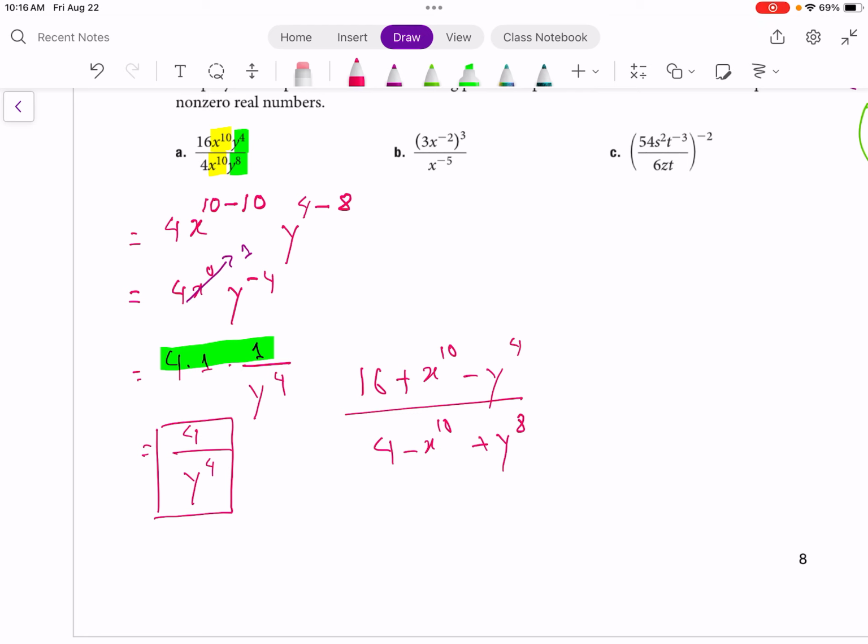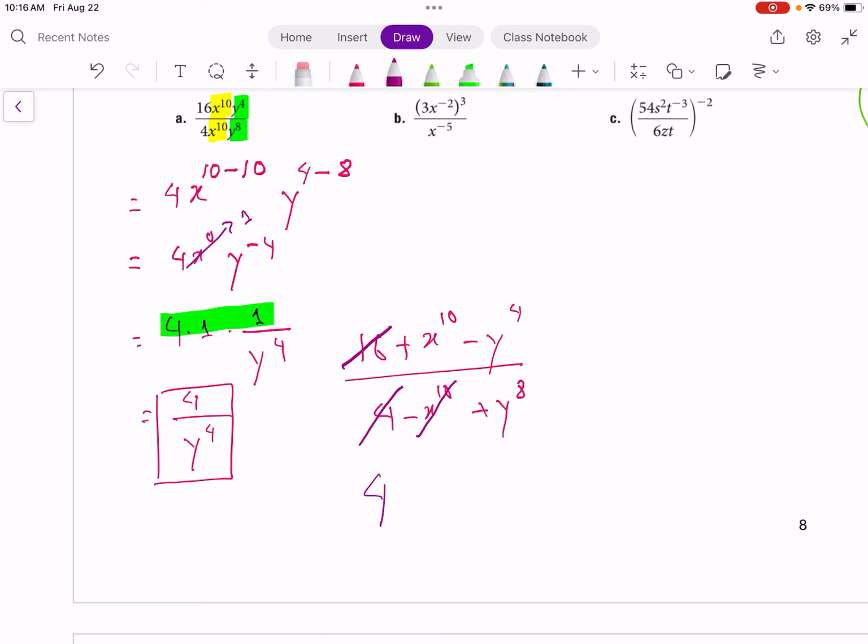Can we divide 16 by 4 and write down 4? Can we cancel x to the power 10 and x to the power 10? Wouldn't it be x to the power 10 minus x to the power 10? So you mean x to the power 10 minus 10 minus x.